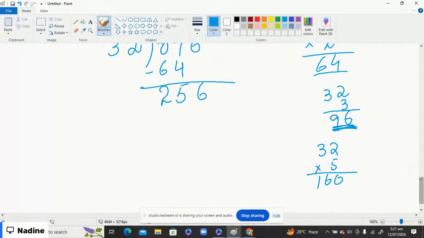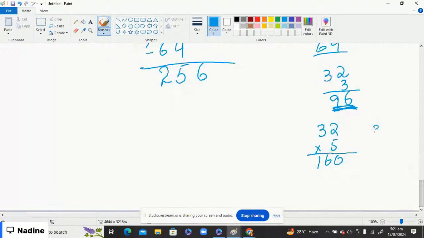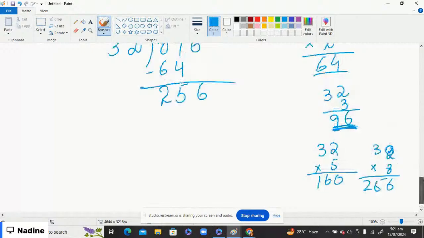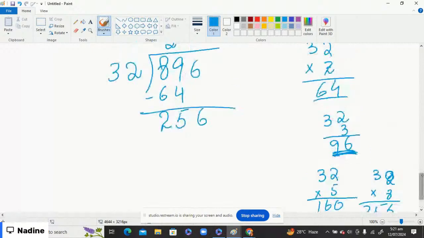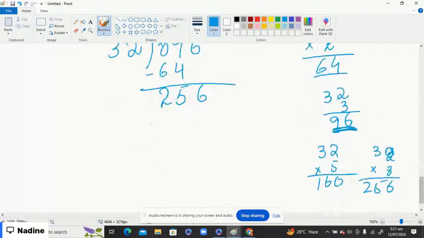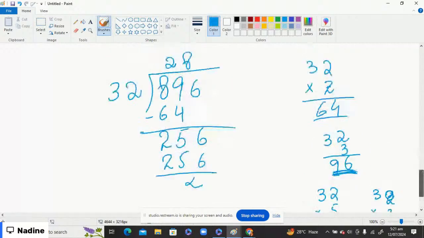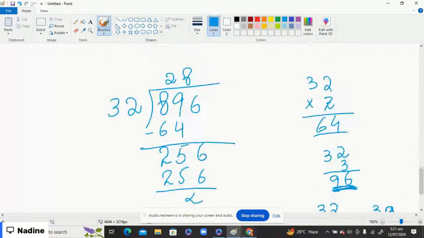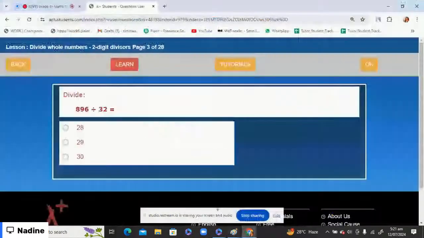So 32 times 8 is 256. Very good. So 32 times 8 is 256. So this is your answer, 28. This is your answer, 28. Okay.